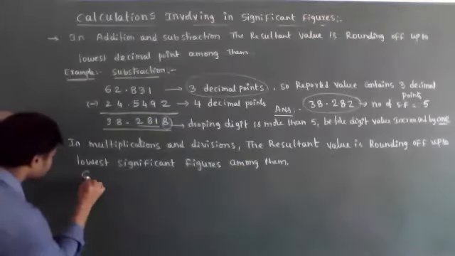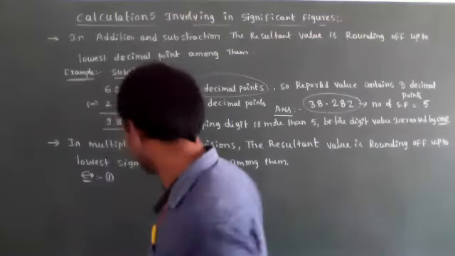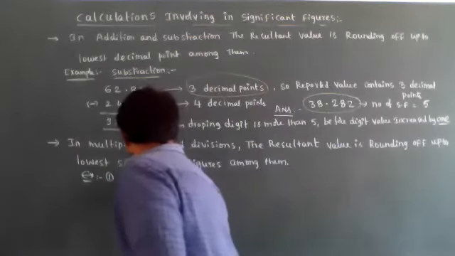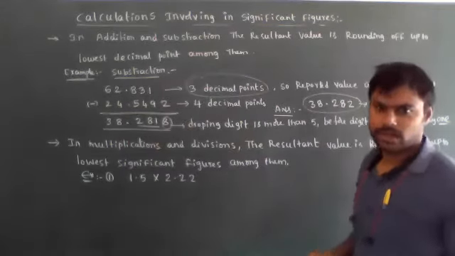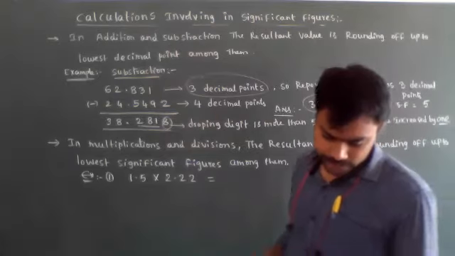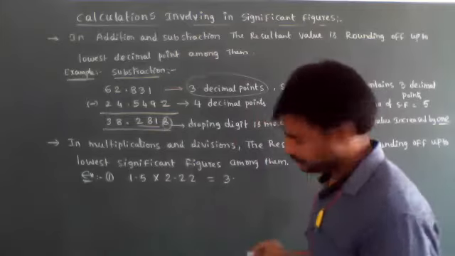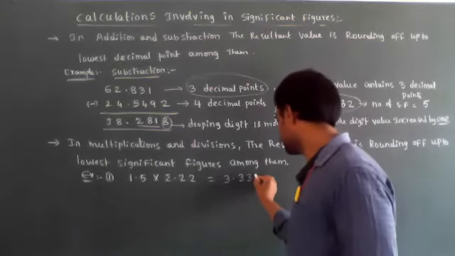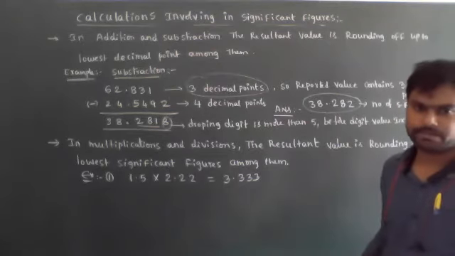For example, see the first one: 1.5 into 2.22. We need to multiply both. After multiplication we are getting 3.33.